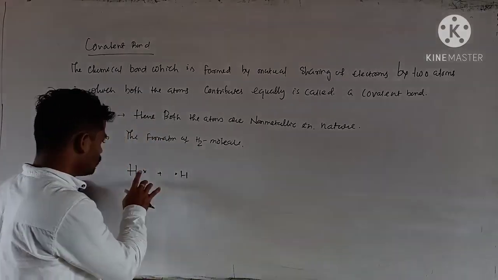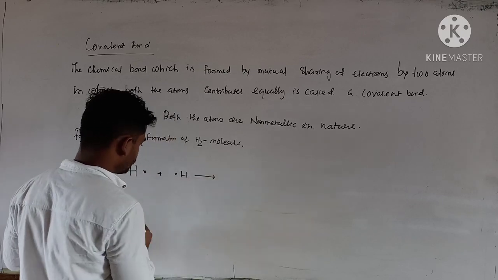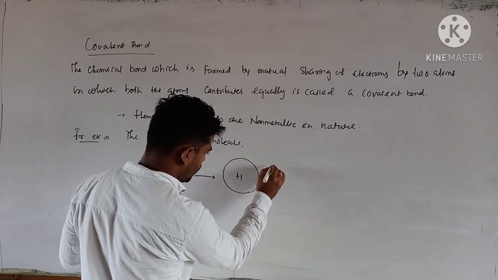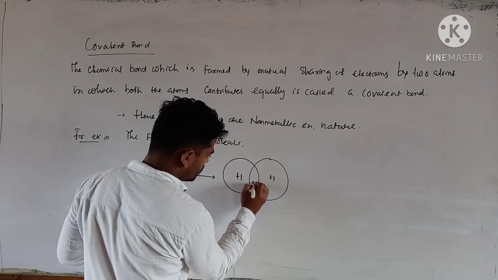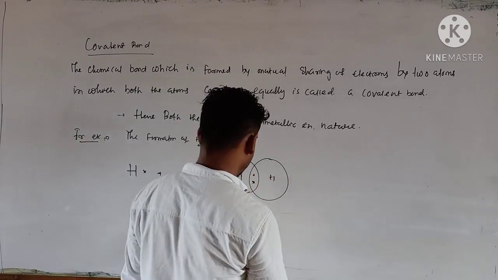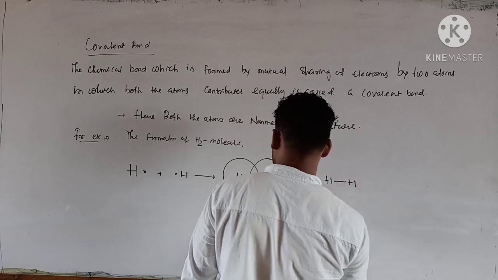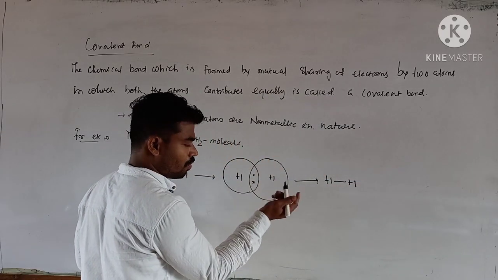Okay, so this is the formation due to overlapping. What happens is like this: one hydrogen atom, and here is another hydrogen atom. Here this electron contributes this cross one and this dot one. So likewise there is formation of a hydrogen molecule. Now this hydrogen has configuration 1s2, and this hydrogen has configuration 1s2.